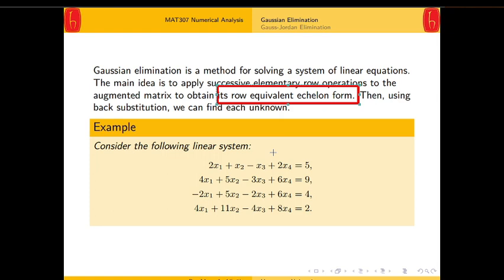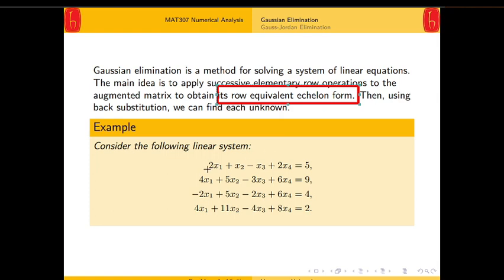And then we know equivalent matrices have the same solutions. So using this fact, the solution to the row equivalent echelon form will be the solution to the original system, and then we will basically get the solution easily.